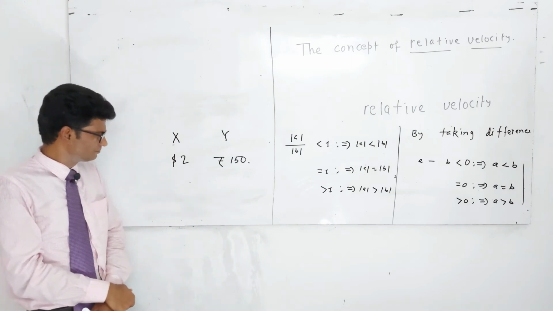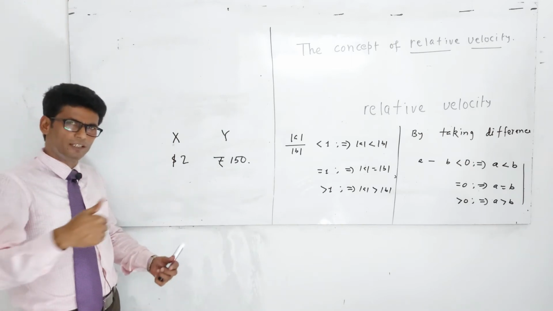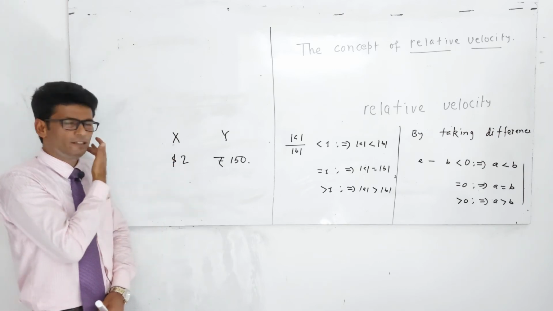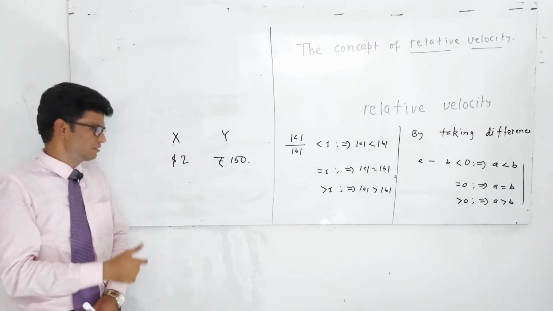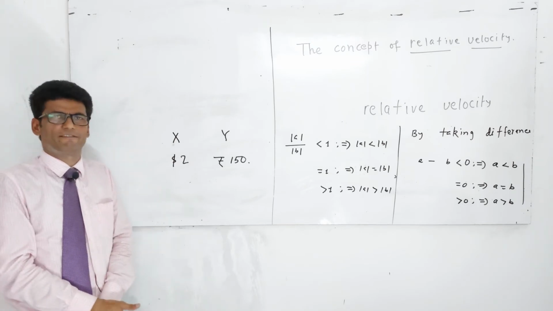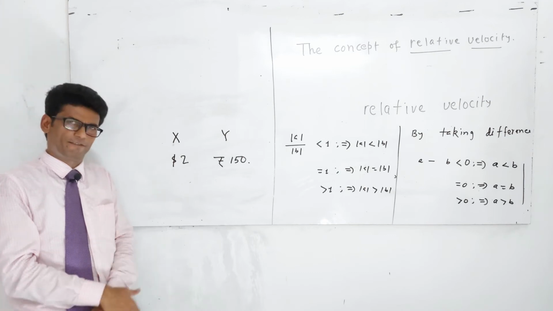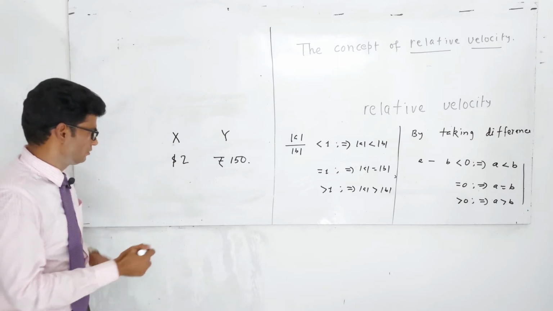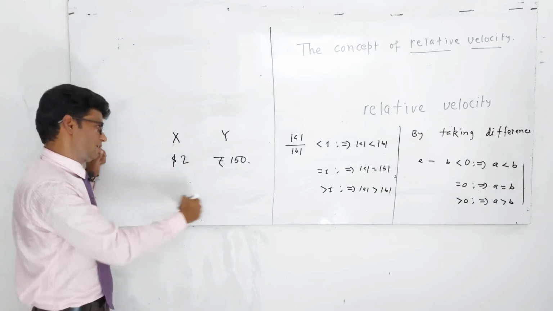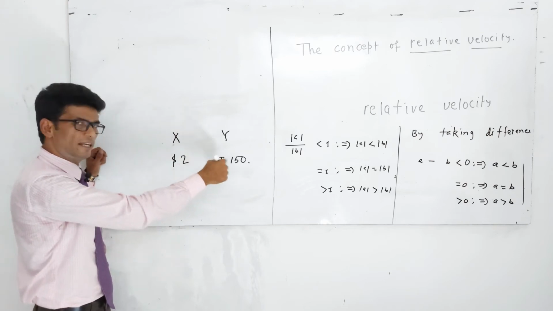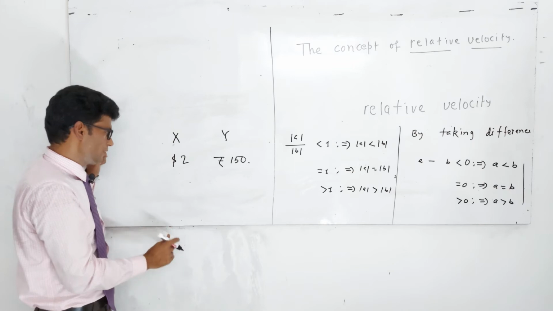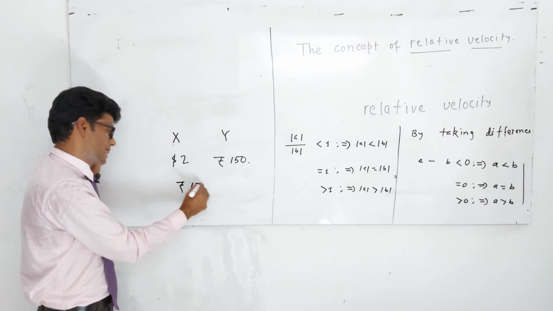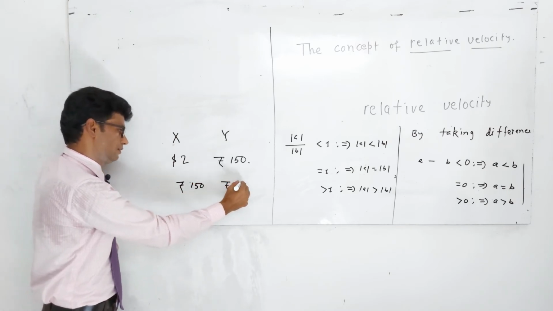Say 1 American dollar right now is equivalent to rupees 75. So after conversion into rupees, my country's Indian currency, this comes out to be rupees 150, and this is also rupees 150.